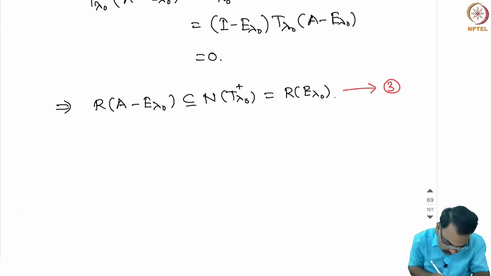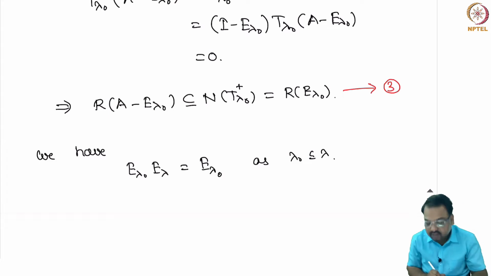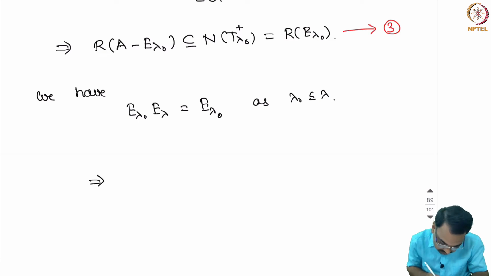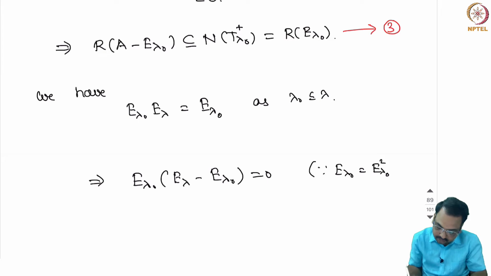Okay. Now we have E lambda naught into E lambda is E lambda naught, as lambda naught is less than or equal to lambda. So this implies E lambda naught into E lambda minus E lambda naught is 0, because we can write E lambda naught equals E lambda naught square, because it's an orthogonal projection.